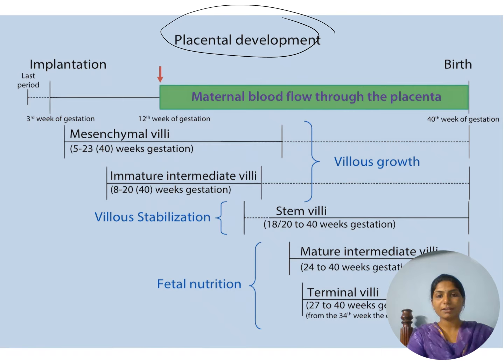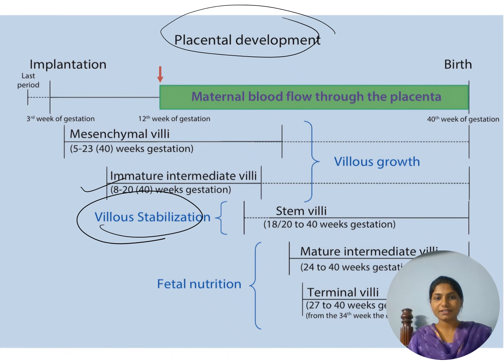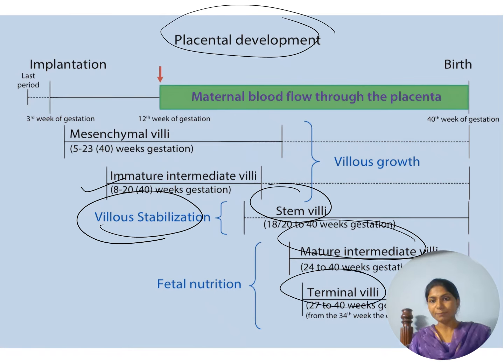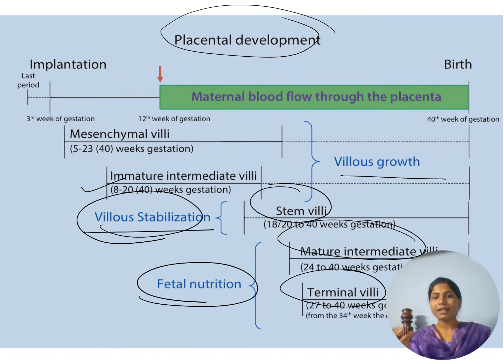Next comes the immature intermediate villi, and next villus stabilization occurs once there is villus growth, and then finally there is formation of mature intermediate villi and terminal villi after 24 to 27 weeks of gestation. So there are three phases again: villus growth, then villus stabilization, and finally the mature intermediate villi and the terminal villi help in fetal nutrition.